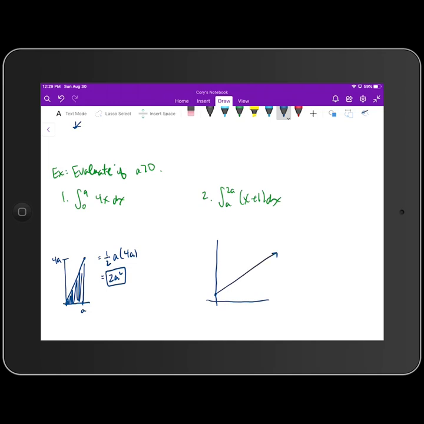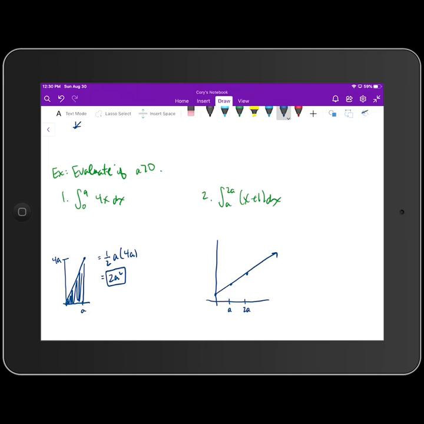Okay, so function x plus 1 has a slope of 1, a y-intercept of 1. If we take the integral from a to 2a, we want to find the y values that correspond to these x values. So we're going to get those by plugging a and 2a into our function.